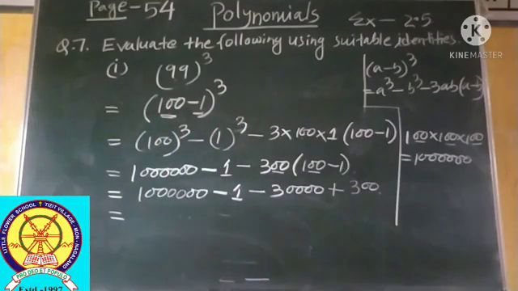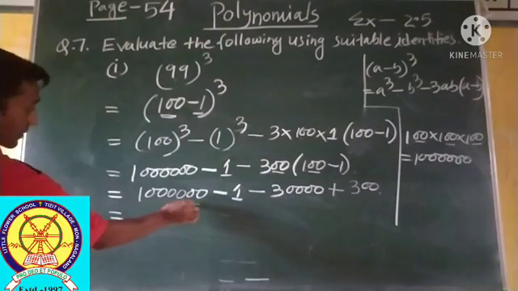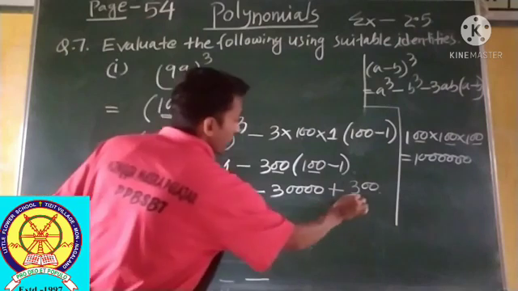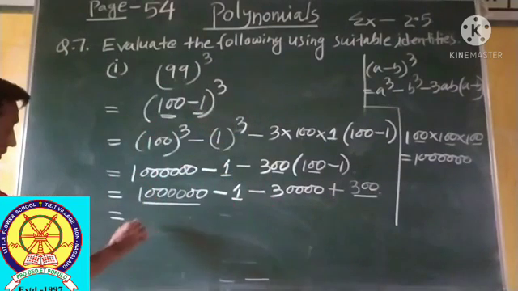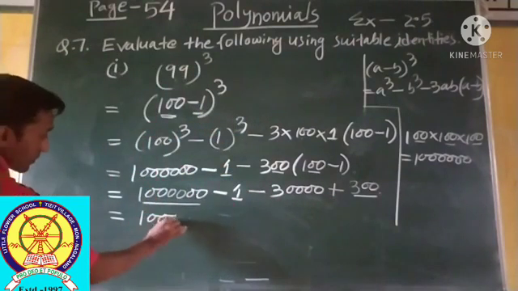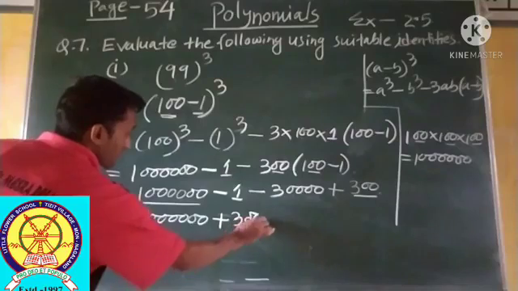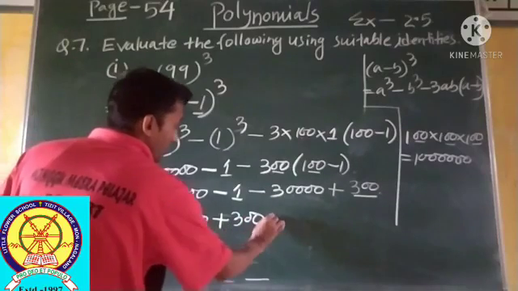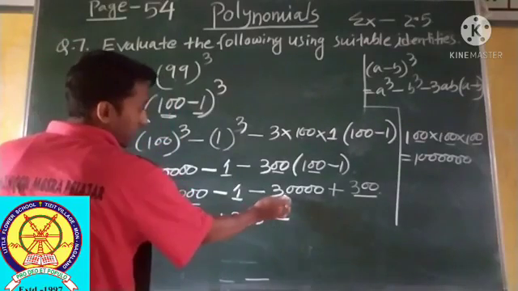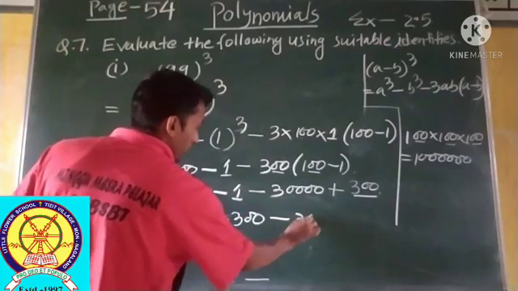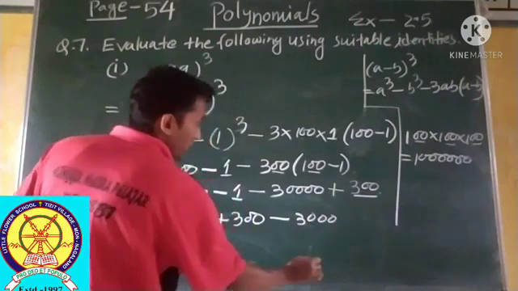Now you add the positives: 1000000 plus 300. Minus 1 minus 30,000 is minus 30,001.